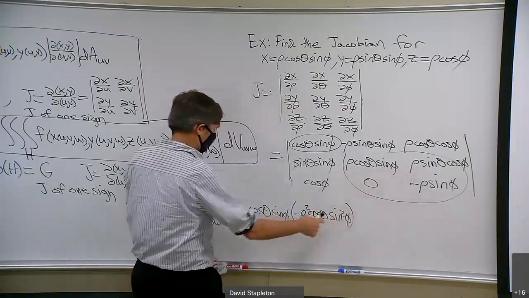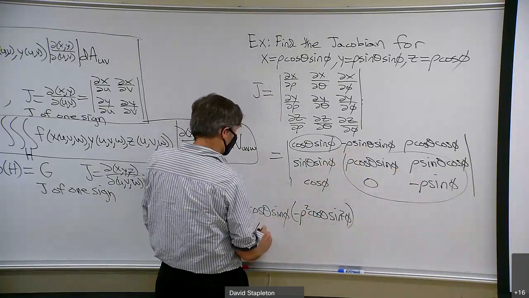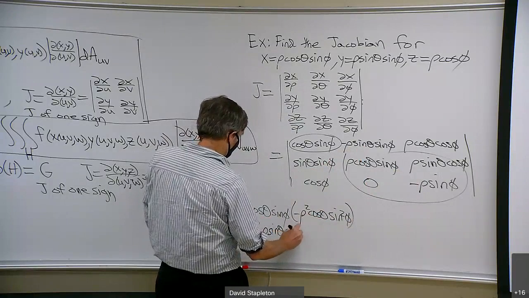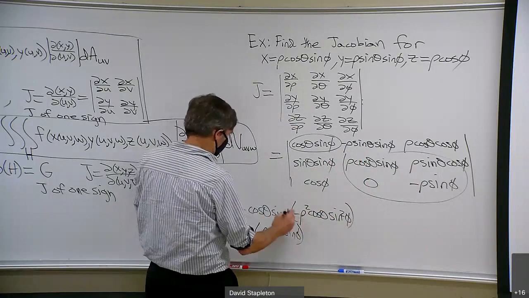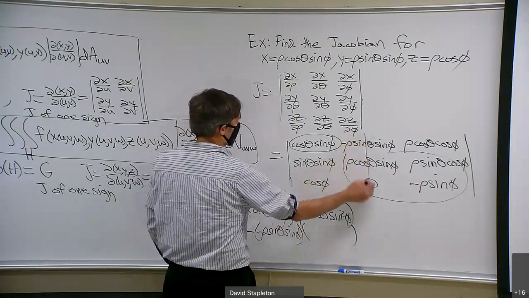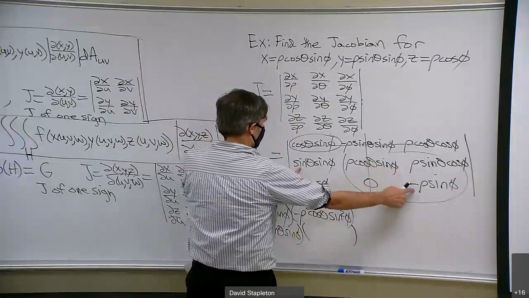Then I have to subtract off the second element, which is minus rho sine theta sine phi, multiplying the determinant gotten by wiping out its row and column. So I wipe out its column and this row. Let's see, I've got this times this minus this times this.